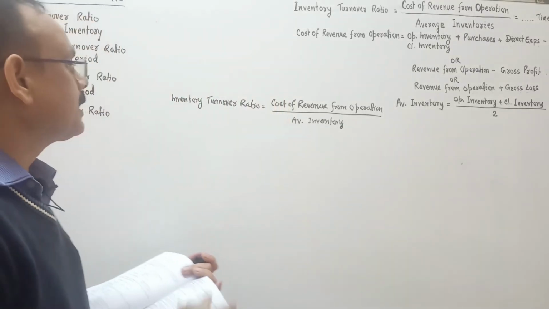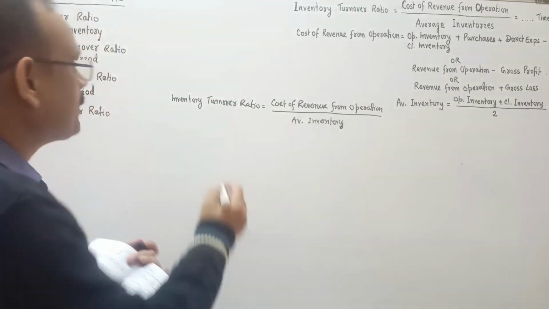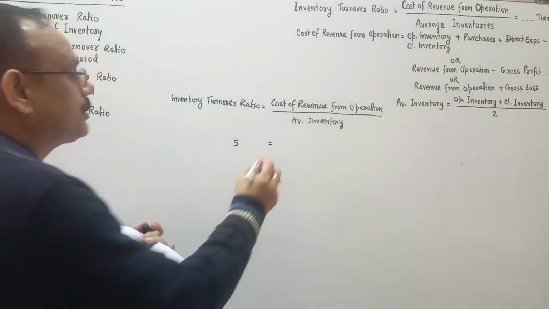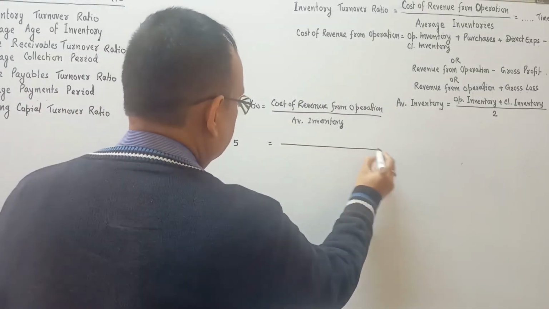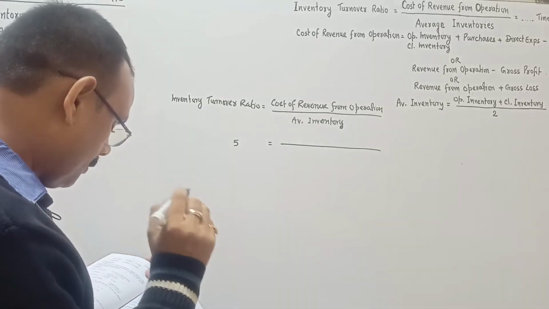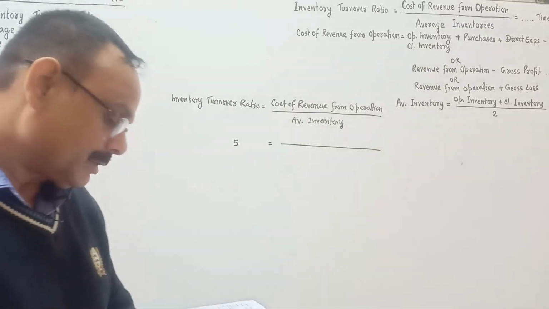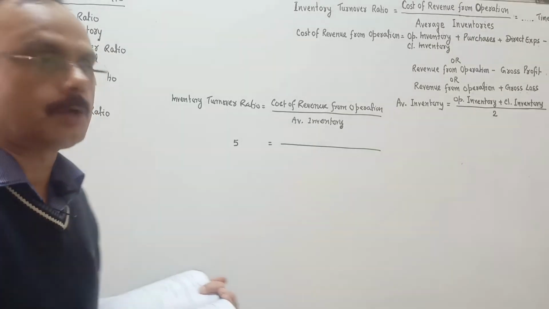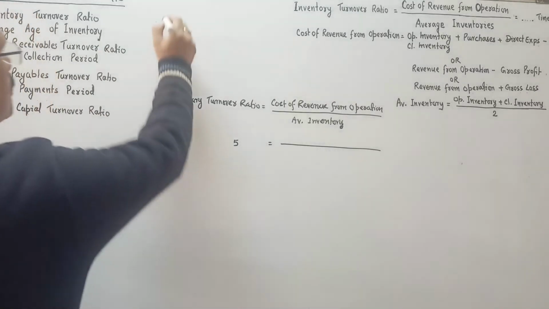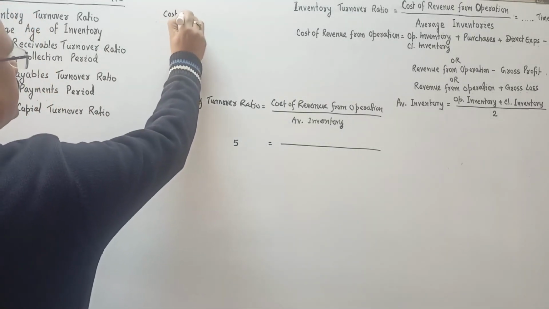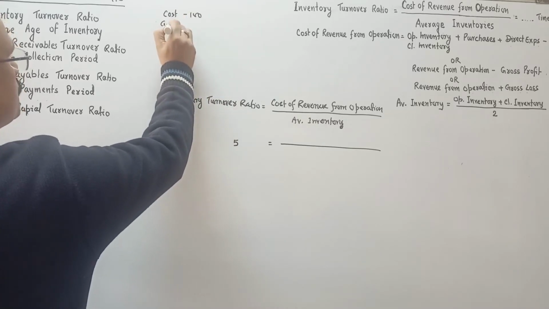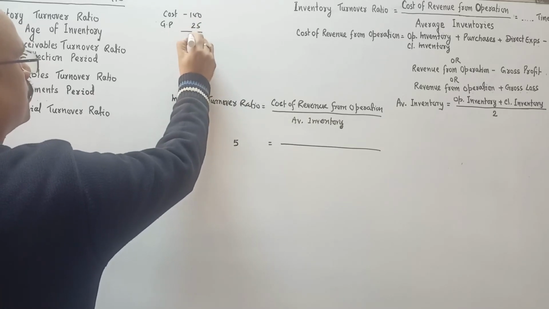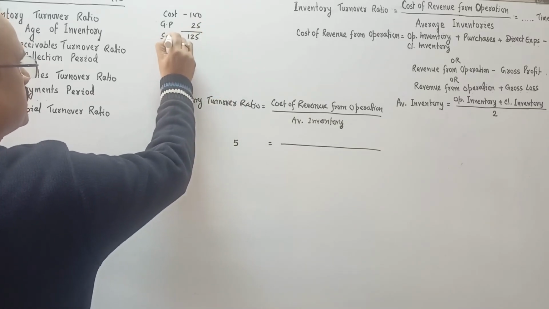So coming to the inventory turnover ratio, it is given as 5 times. Cost of revenue from operation is not given, but revenue from operation is given in the question, and related to that one clue is given, the gross profit ratio 1/4 on cost. Suppose the cost is 100, then GP is 1/4 of it. So GP is 25. Cost plus GP is your sales.